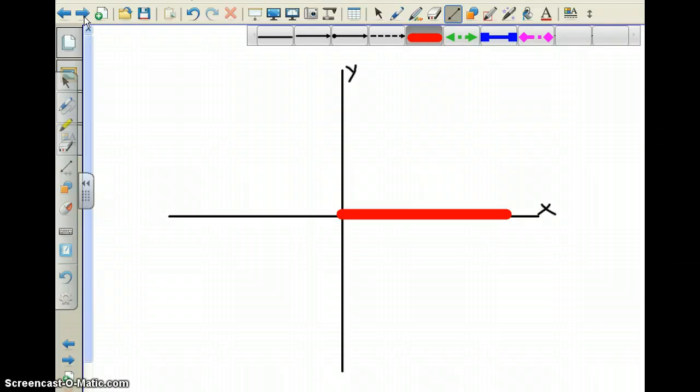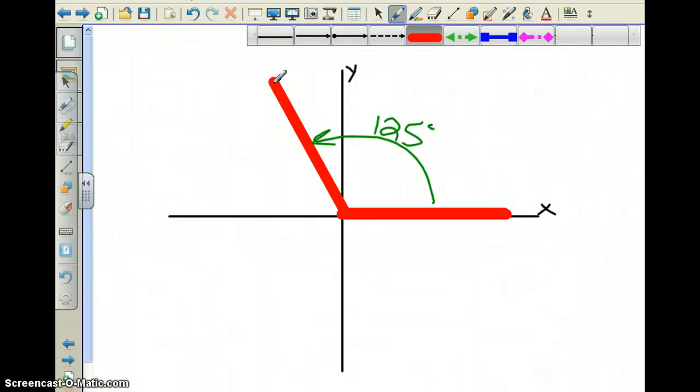One more. There's my initial side. And let's take our terminal side and rotate it 125 degrees. So there's 90, and we'll estimate that about 35 more. So we have just rotated 125 degrees.